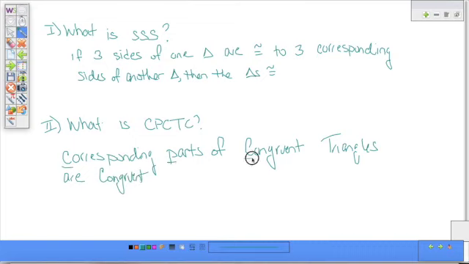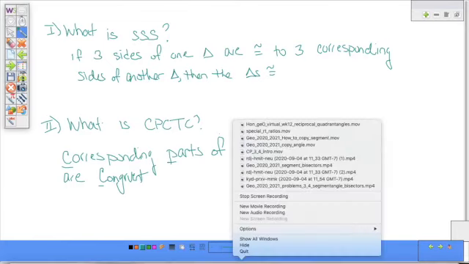Corresponding parts of congruent triangles are congruent. So once we know the triangles are the same, that means their matchy-matchy parts are also the same. So that is our construction for can I bisect an angle, and that is our proof for can I bisect an angle. Thanks. It'd be great if I could stop it. Ooh, stop.